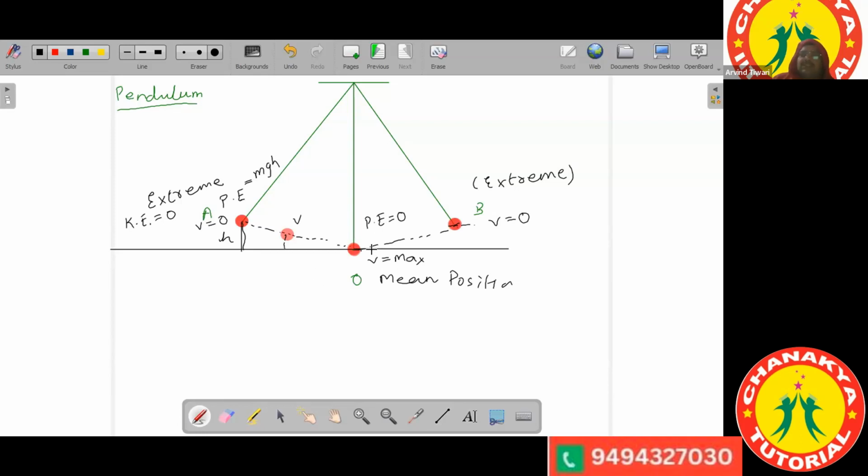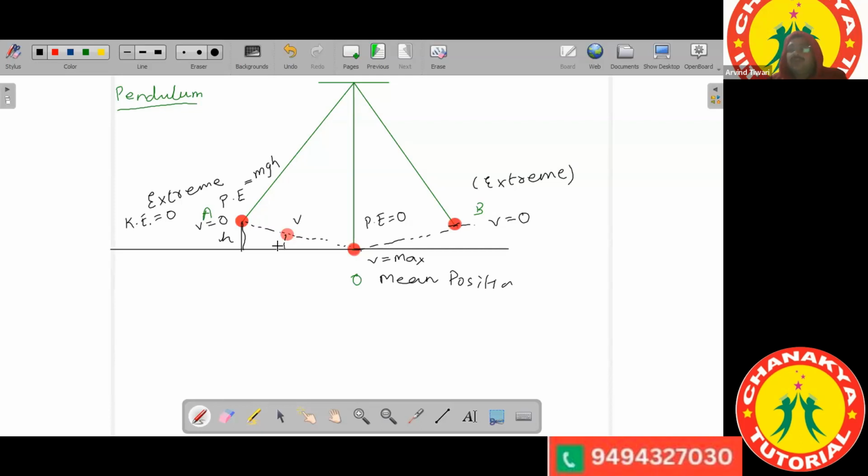Sir, potential energy, yes, but it's still at a height, like when we look at it from the ground level, it's still at a height, right? How will its potential energy be zero? See, in reality, potential energy is never zero. Potential energy is always measured with a reference.